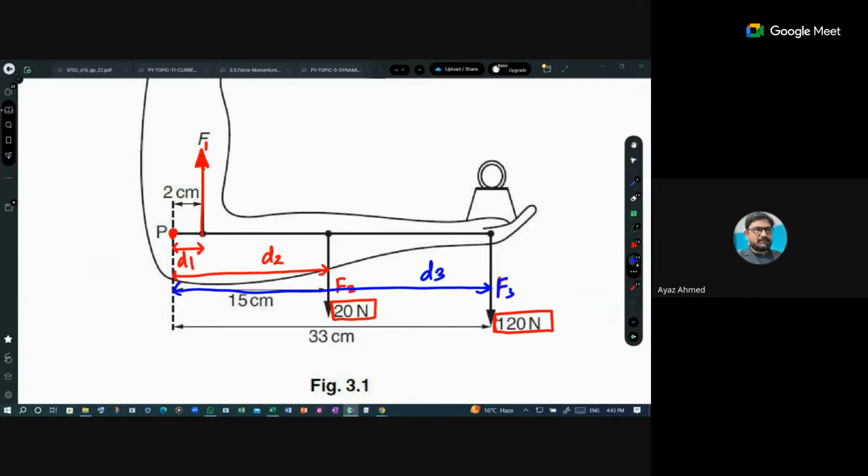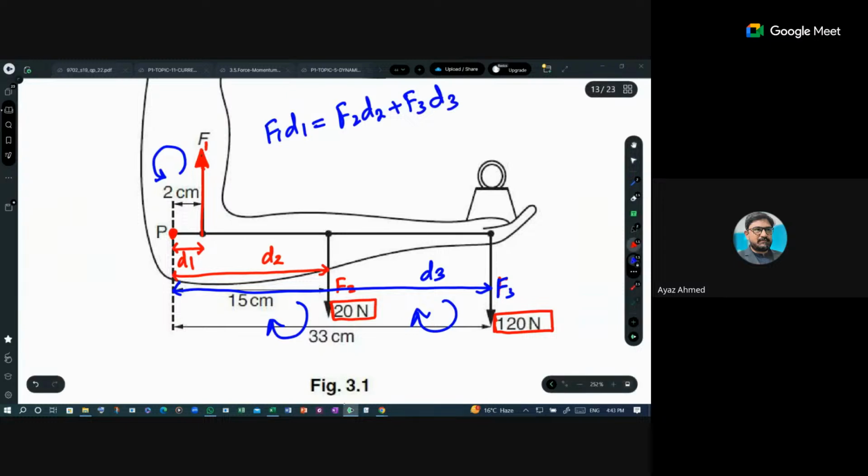Am I right? Yes, sir. So you can say F1 D1, because this is causing counterclockwise movement. These two are causing clockwise movement. So you can simply say F1 D1 equals F2 D2 plus F3 D3. So just plug in the values. F1 is not known to you. What is D1? D1 is 2 centimeter, so you can write 0.02, because it is now converted into meters.